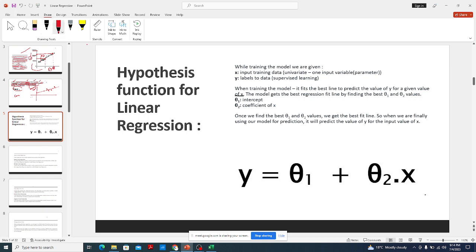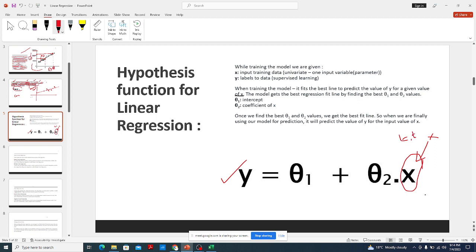Now let's assume we are doing this in machine learning. Remember we have our input data, which we can divide into training data and testing data.